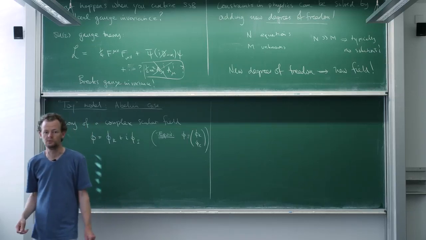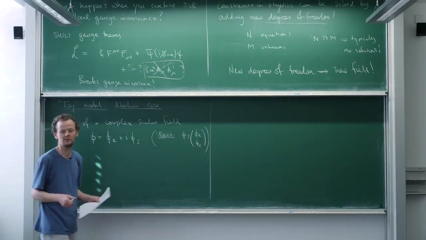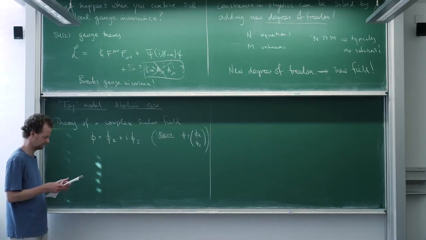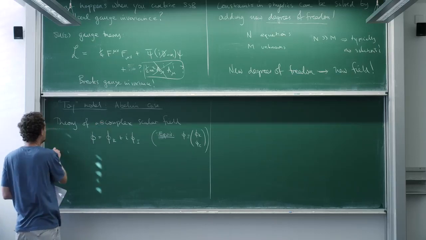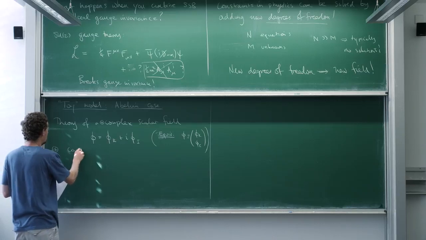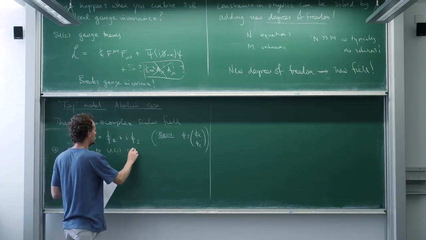You could do that if you wanted to. But it's traditional when you have two fields, you can always stick the number i there and build it into one complex field. So it's a theory of a complex scalar field coupled to a U(1) gauge field.